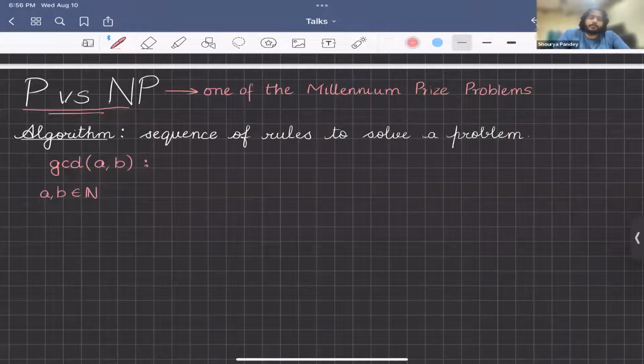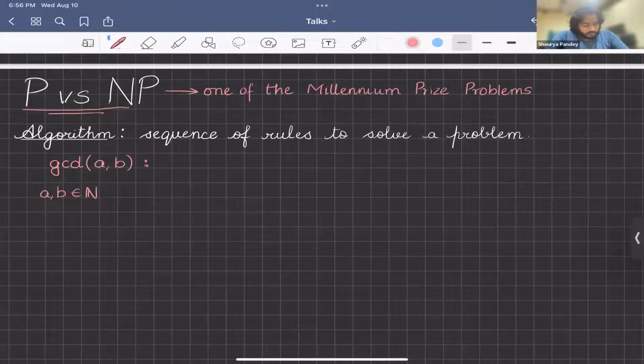We divide the larger by the smaller, and then you compute the GCD of the smaller element and the remainder. And then you keep doing it till one of them divides the other, in which case the divisor is the GCD. So this is the famous Euclid's method, or Euclid's algorithm.